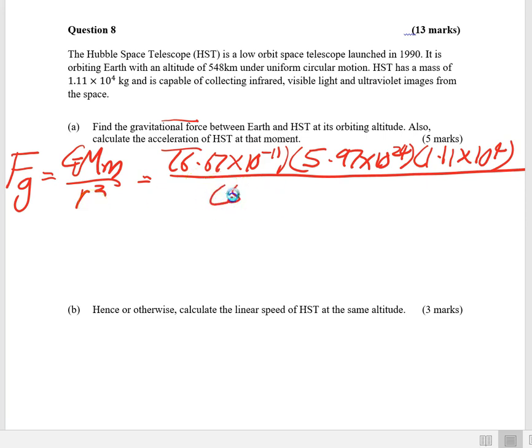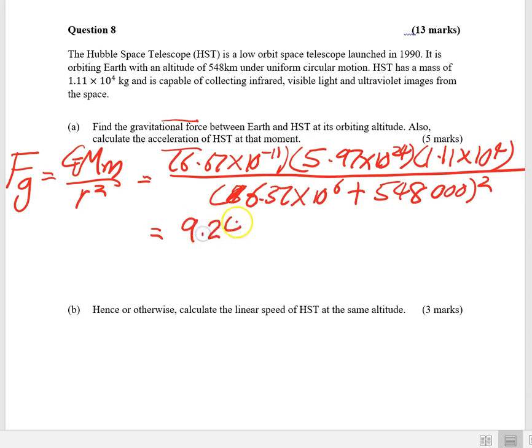So in this case, you have to consider the radius of the Earth, 6.37 × 10^6 meters, plus the orbiting altitude, 548 kilometers, which means you have to put 3 more zeros. And don't forget to square it. So this is the proper r. This is where there's always a mistake: either you forget to add, or you forget that it's kilometers. The answer for this is 9.24 × 10^4 newtons. So that's the first part.